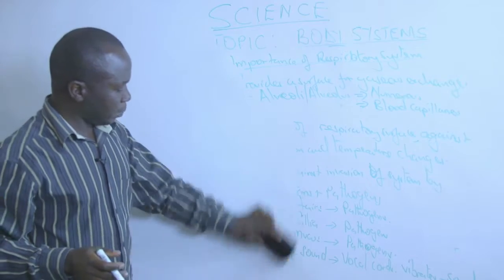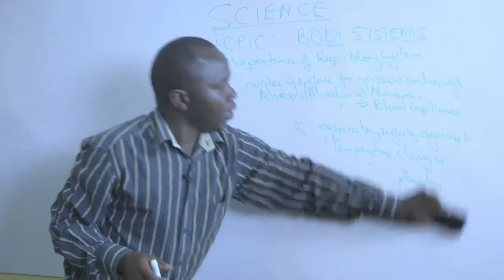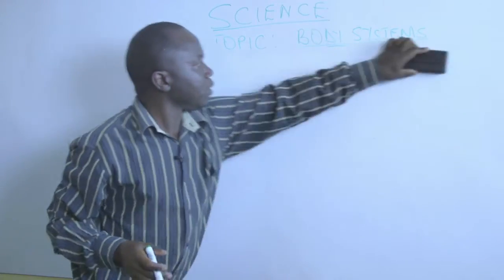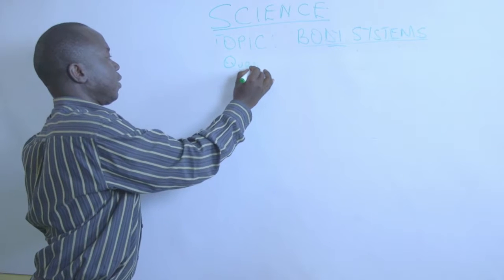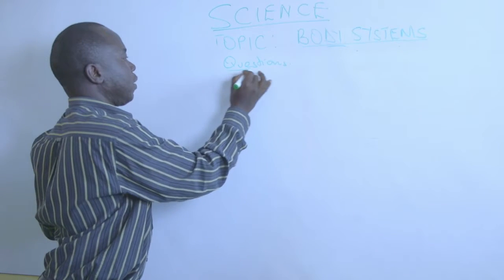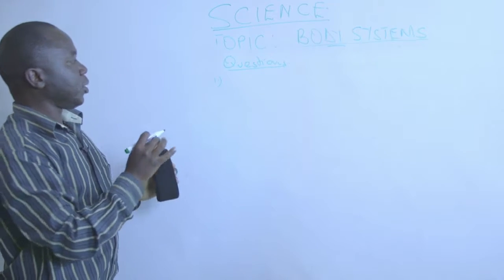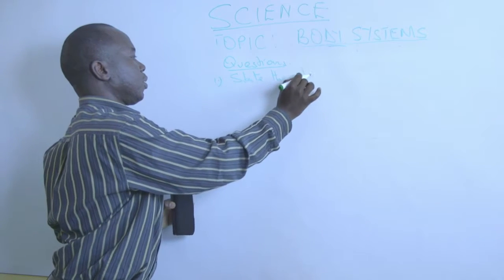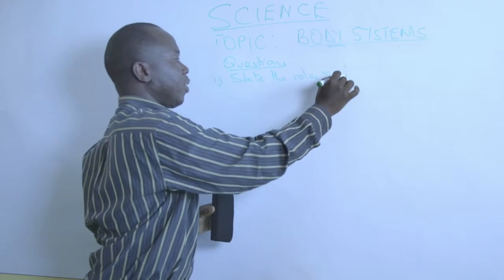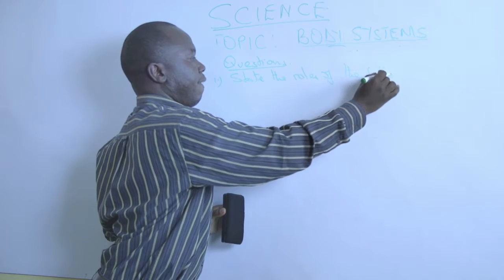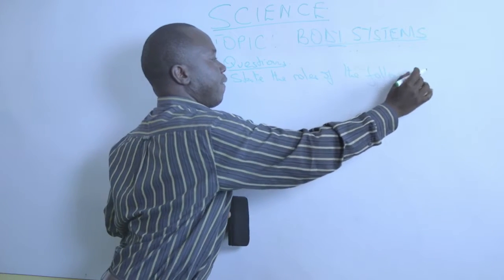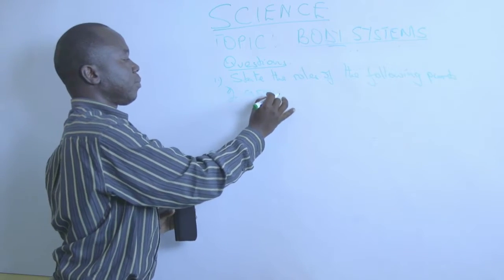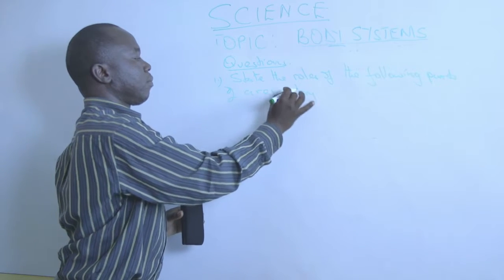So as we conclude this system, I want you to go through the following questions. One of the questions states: the roles of the following parts of a respiratory system.